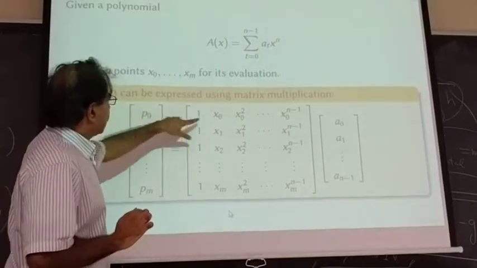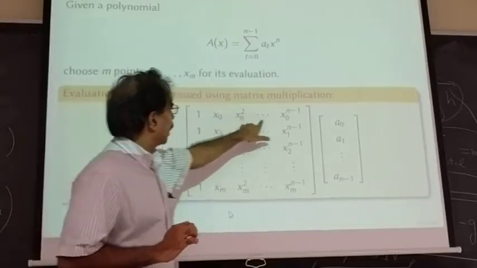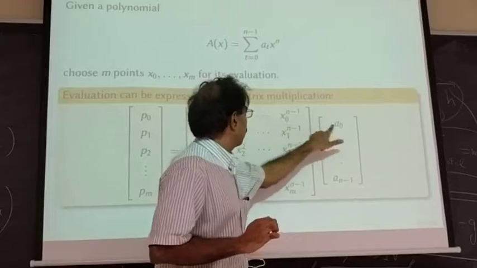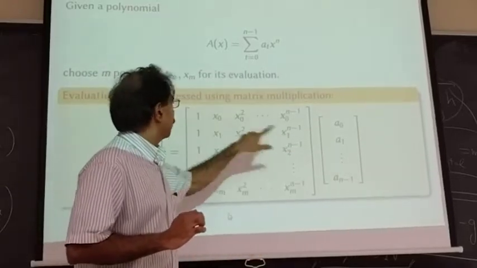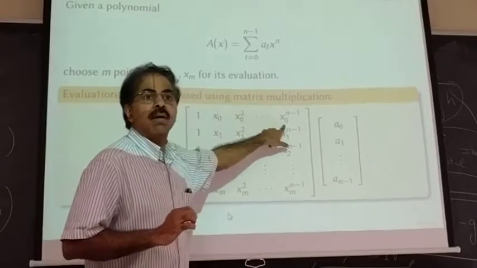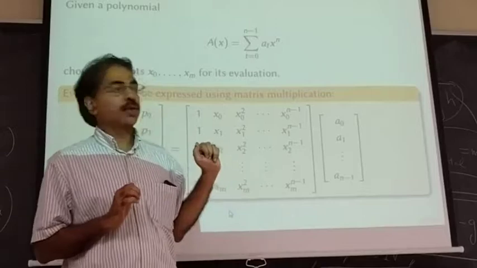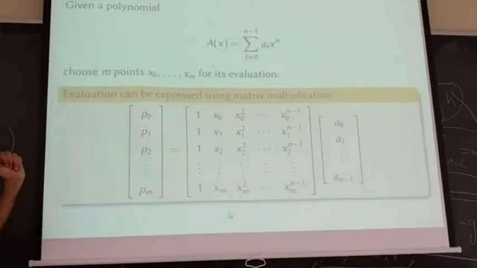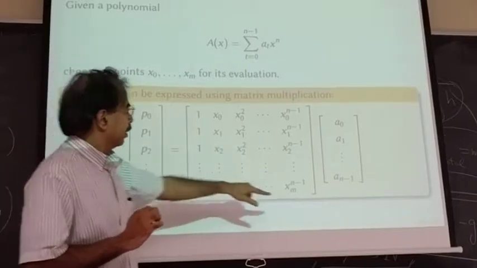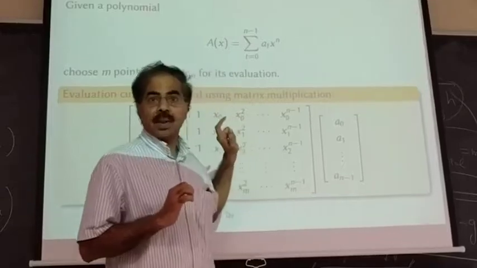Now we can say that evaluating the polynomial at x0, if you look at this, multiply this row with this column, you'll get a0 plus a1 x0 plus a2 x0 squared all the way through a_(n-1) times x0 to the power n minus 1, right?